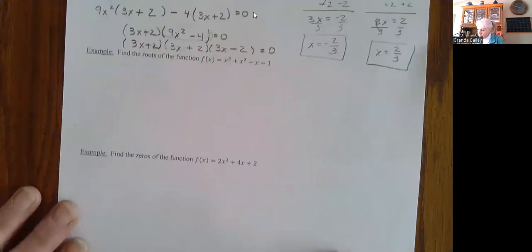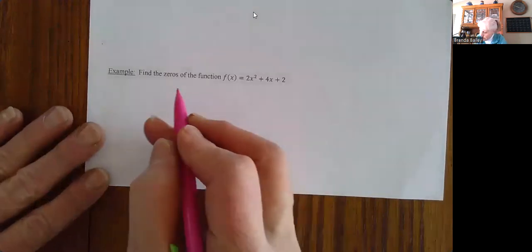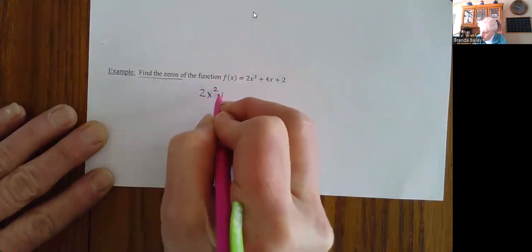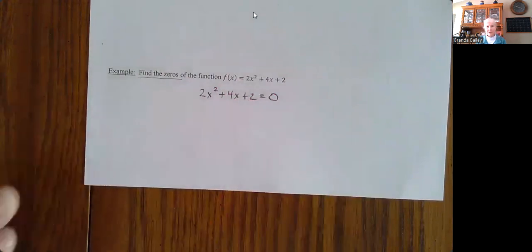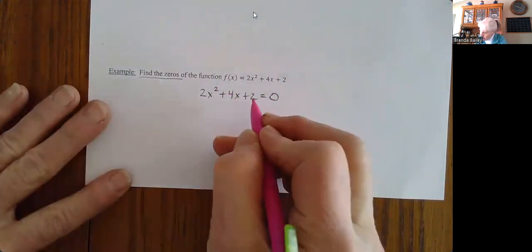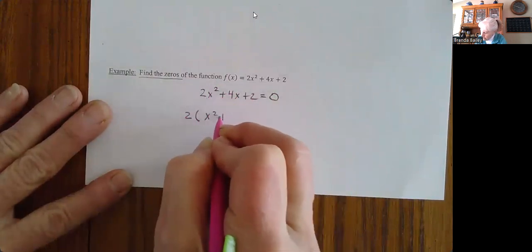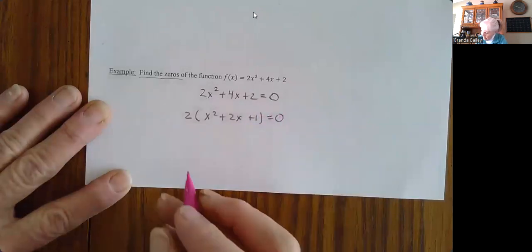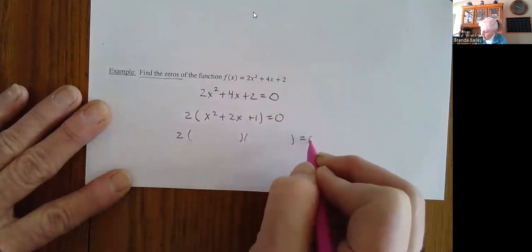Now, looking at the last one, find the zeros of the function. What does this mean? You take the function and you set it equal to 0. That's what that means. We're going to factor. Greatest common factor is a 2. And then we'll factor what's left here inside.